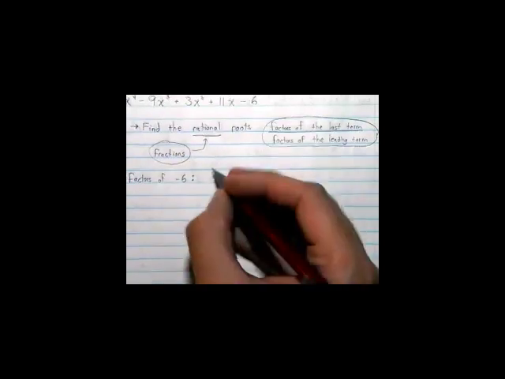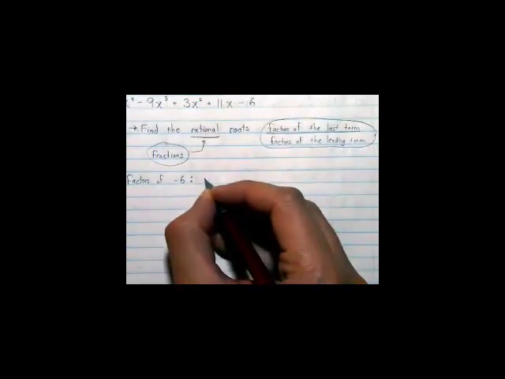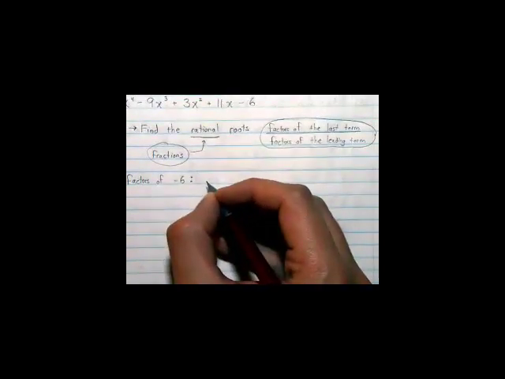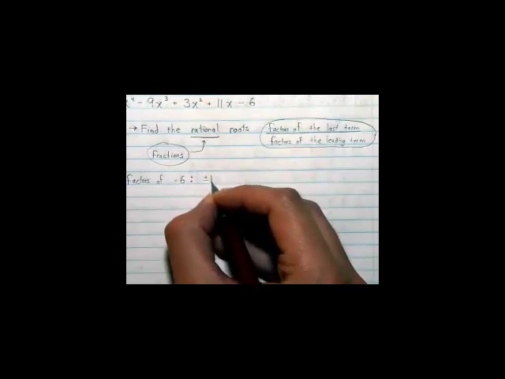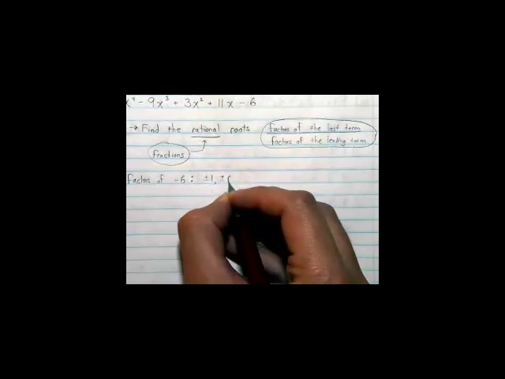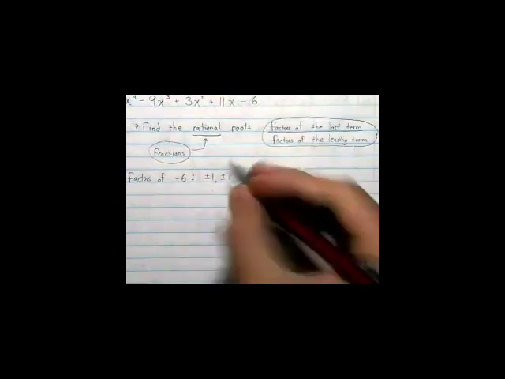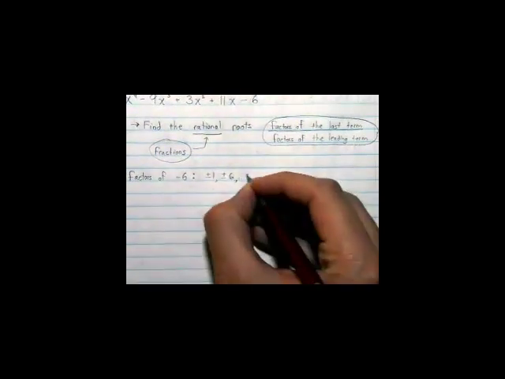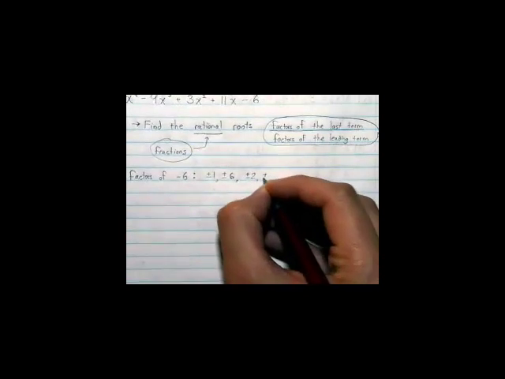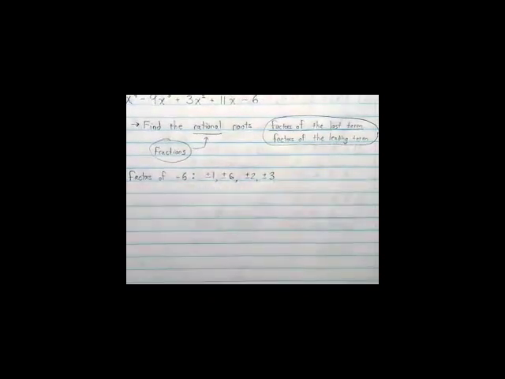Okay, so, and I can use positive or negative of any of these numbers, right? So you said 1 and 6, so plus or minus 1, plus or minus 6. What are some other factors we can use? 2 and 3, okay. So plus or minus 2, plus or minus 3. Okay, those are all the different factors we could have from negative 6 that are integers.